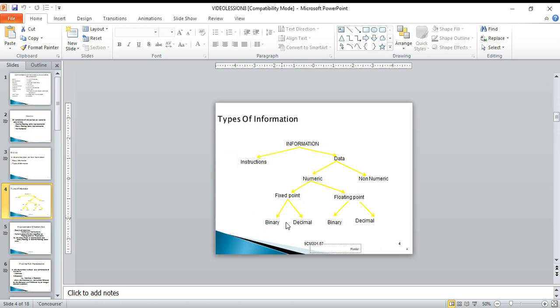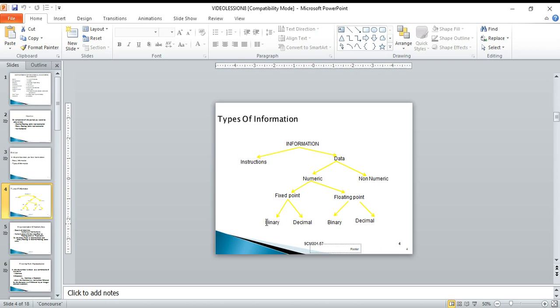And binary fixed point representation is nothing but the binary data being represented in fixed point representation. Here binary is nothing but we use 2 bits to represent the data, that is the combinations of zeros and ones.